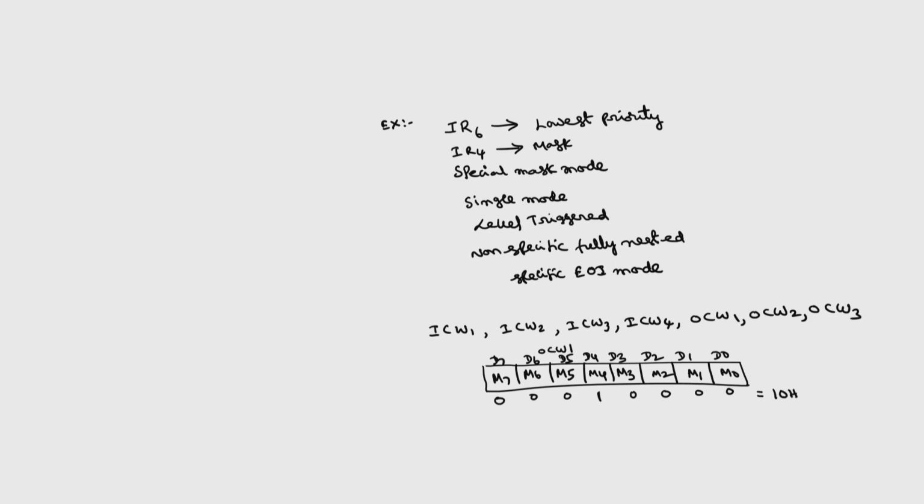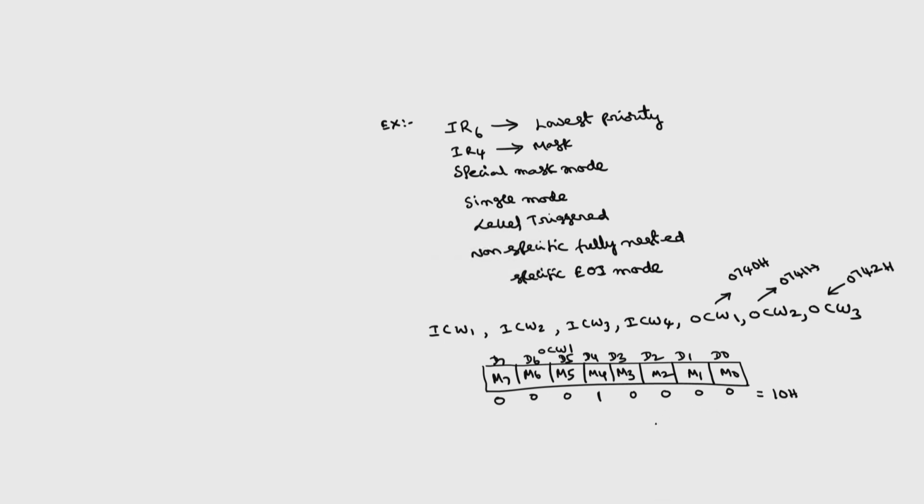Okay. Now if I want to use a port address, say the OCW port address is 0740H, this is 0741H, this is 0742H.